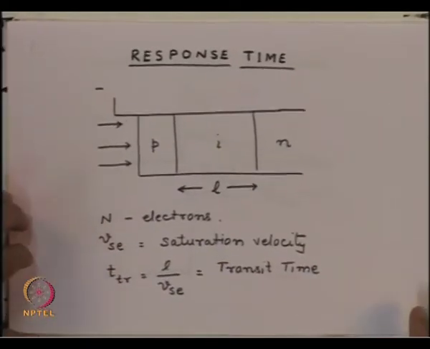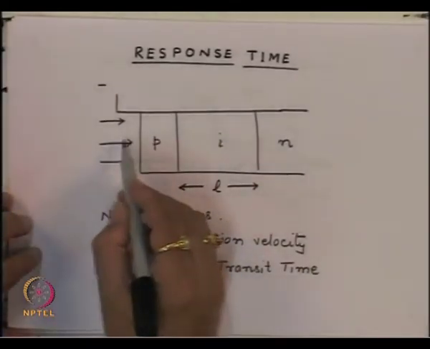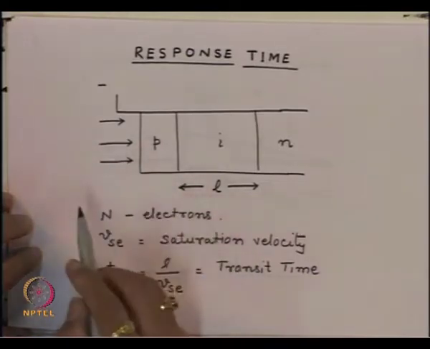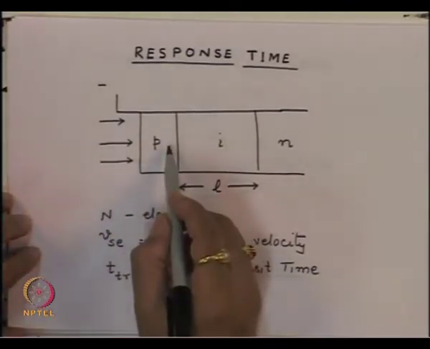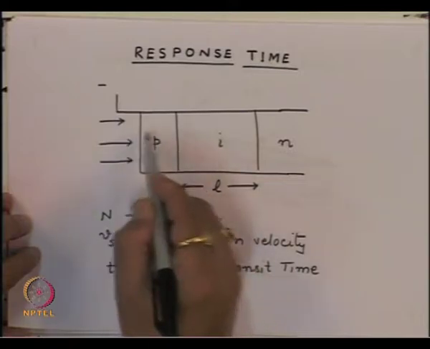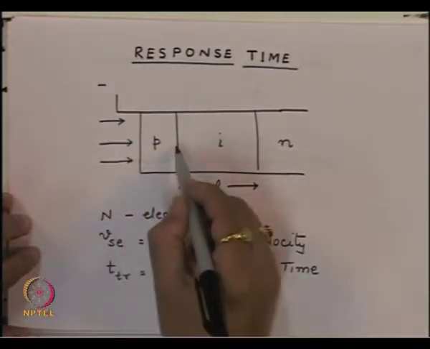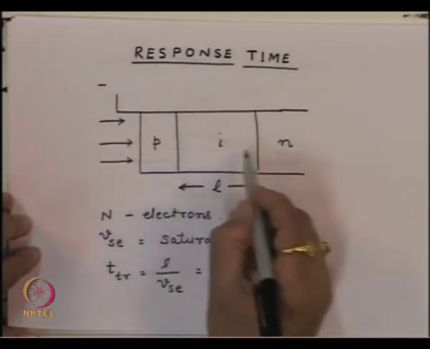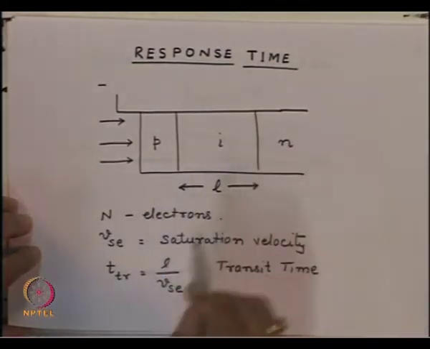Then it makes sense to have the photons incident on the photodetector from the P side, because in this situation all the holes will be collected immediately, and the electrons are the ones which are going to remain in transit for a much longer time.